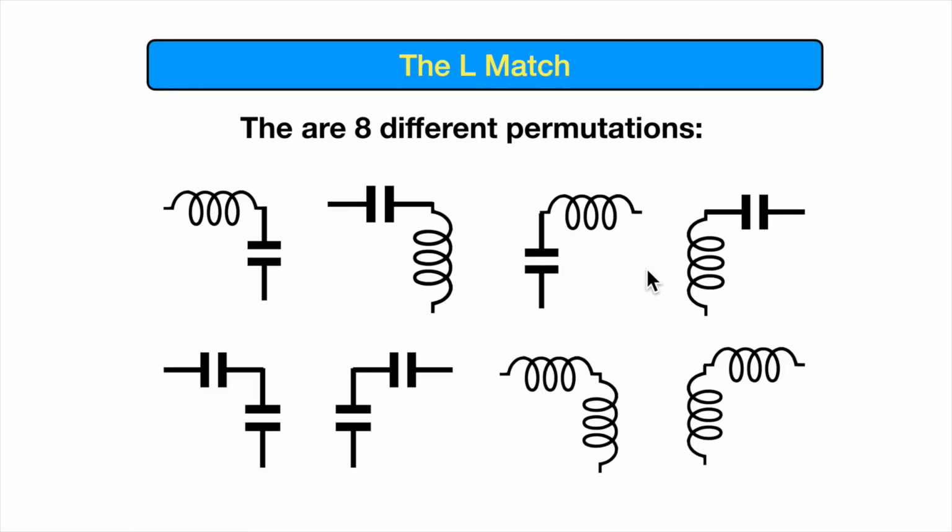The first is this business of whether your shunt component, your parallel component, comes at the end or at the beginning of your series one. And here's the thing. The shunt component, the parallel component, whether it's an inductor or a capacitor, needs to go on the end with the highest impedance.